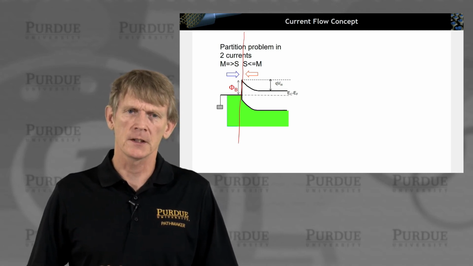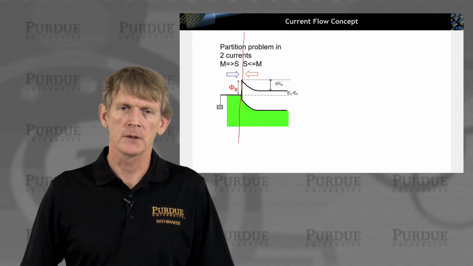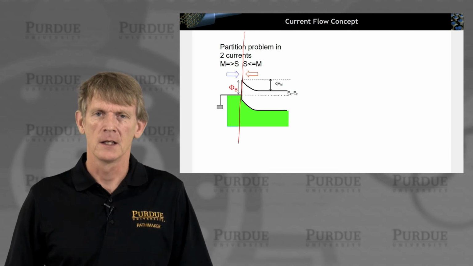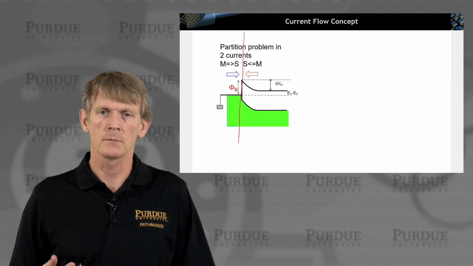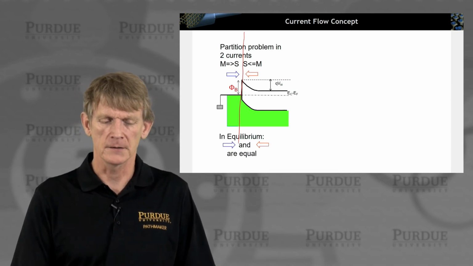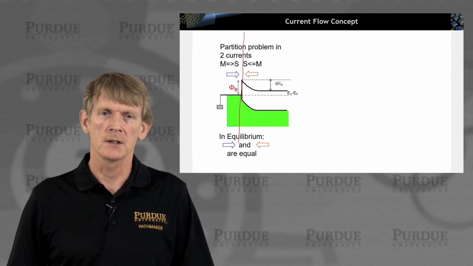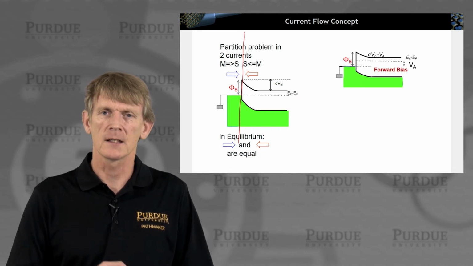Okay? So those are the two different currents we calculate and express in analytical expressions, and we will use that this current must be constant at a couple of places. So in equilibrium, these two current components must be the same. So that's the principle of detailed balance, and we'll use that as well.